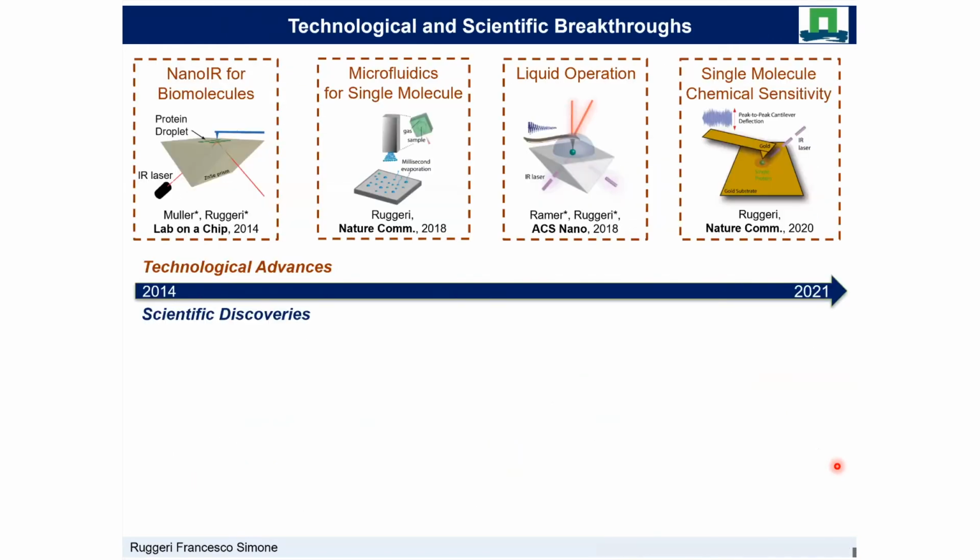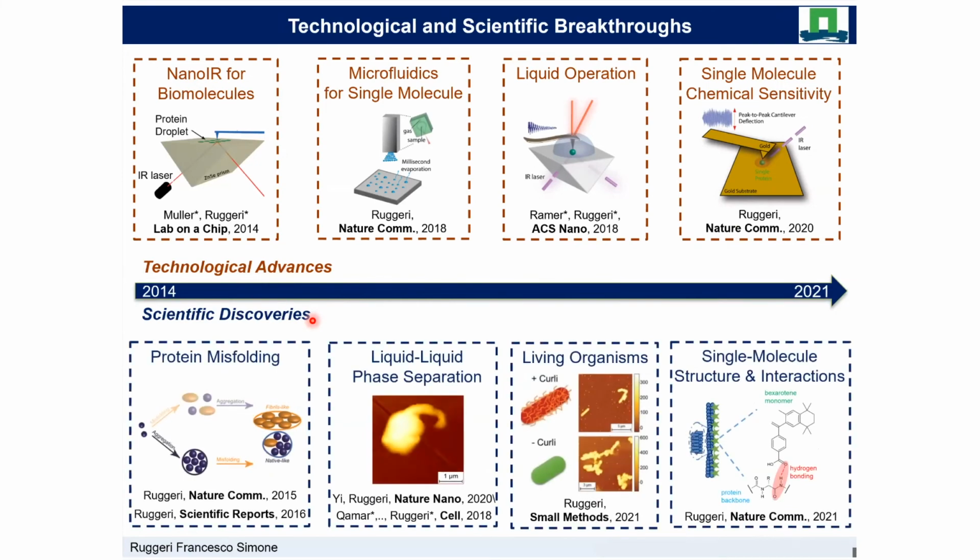Then what we have been doing this year is using these technological advances to enable a series of scientific discoveries. And of course, we have been focusing on the problem of protein misfolding and aggregation, as well as liquid-liquid phase separation.